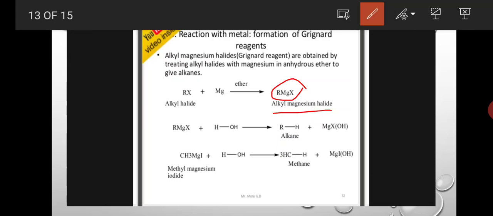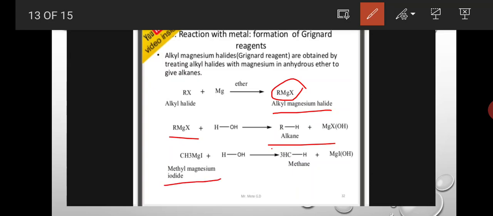Okay, this Grignard reagent reacts with H2O and forms alkane plus magnesium hydroxy halide.